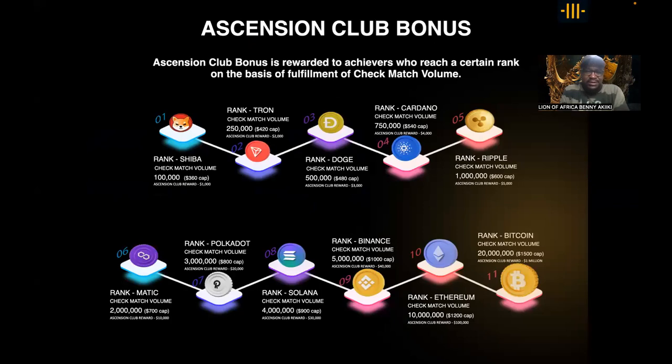Now, this one is where the difference between the real guys and the jokers will be seen. Yes, we have people who are boys and some are men, some girls and real women here. So what happens if you want to see progress other than noise? You'll see people hitting ranks.